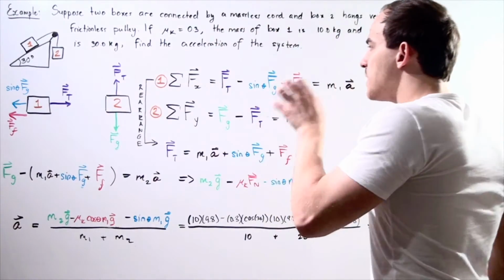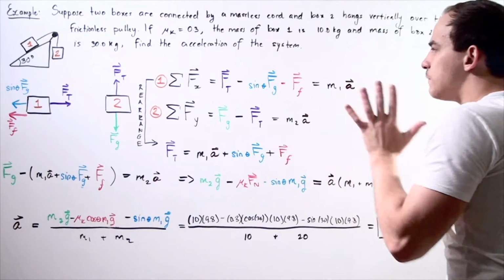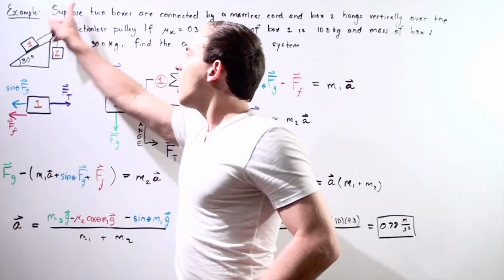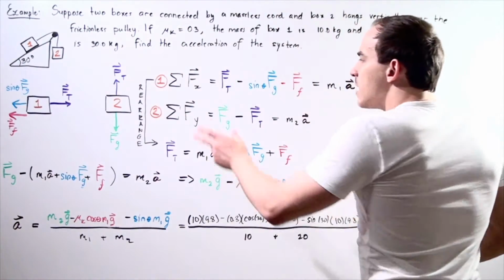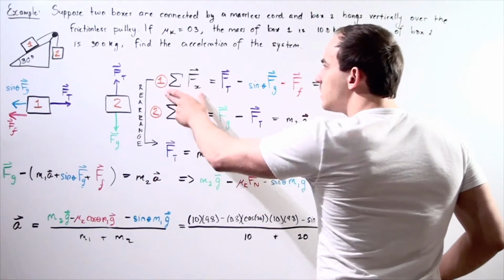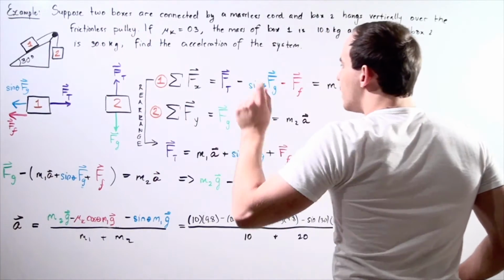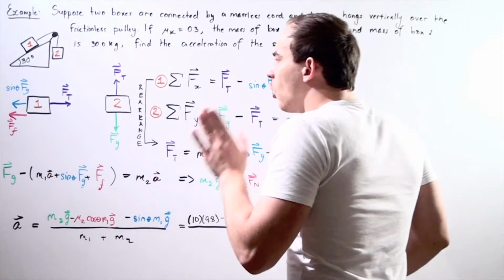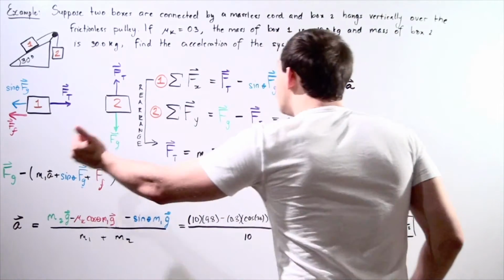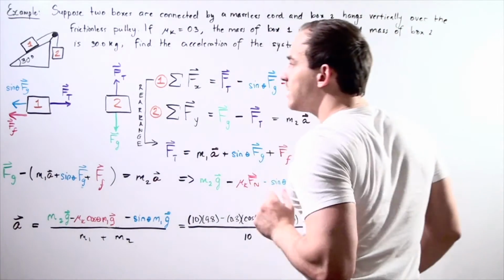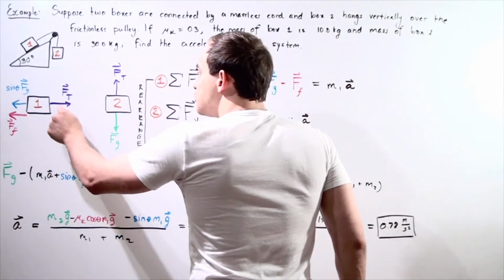So let's sum up all the forces acting on box 1 along the x-axis. So the sum of our forces along the x-axis for box number 1 is equal to, so we only have one force running in the positive direction along the x-axis, and that's the tension in the rope.